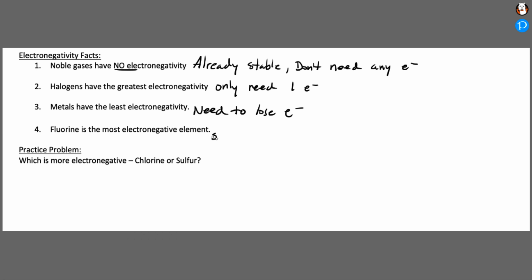It has to do with its small size, meaning greater attractive force for valence electrons.